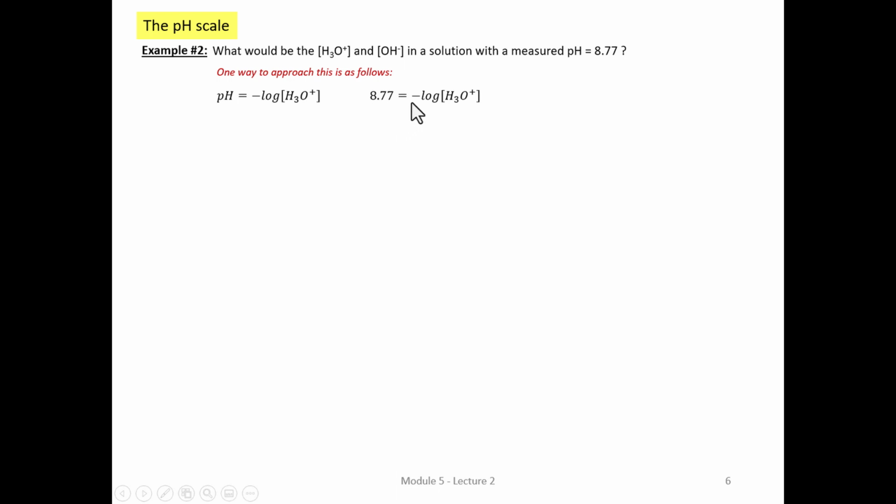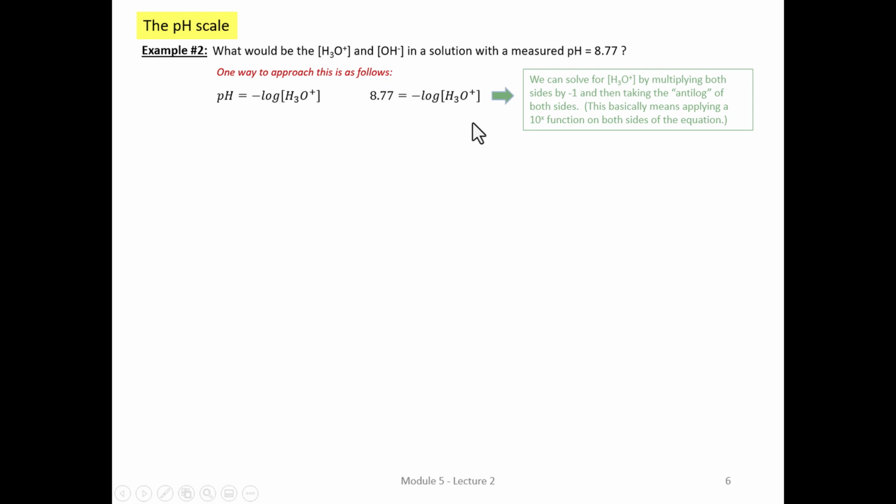And now we'll do a little math. What I'm going to do is multiply both sides by minus 1, which is effectively like just bringing the minus over to the other side. So we have minus 8.77 equals log of the hydronium ion concentration. And then what we're going to do is take the anti-log of both sides.